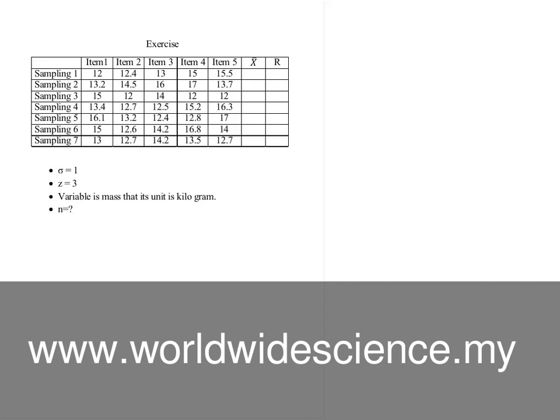But if one of the points was located out of this limitation, you can be certain that this process is not under control and there is a problem, and you should check to see what is the source of the problem. As I told you, the source of the problem can be, for example, the machine, it can be labor, or something like this.